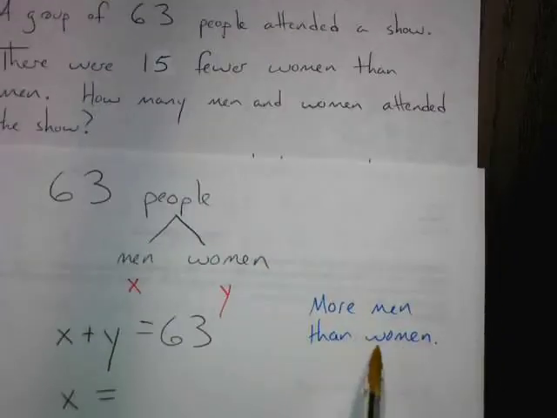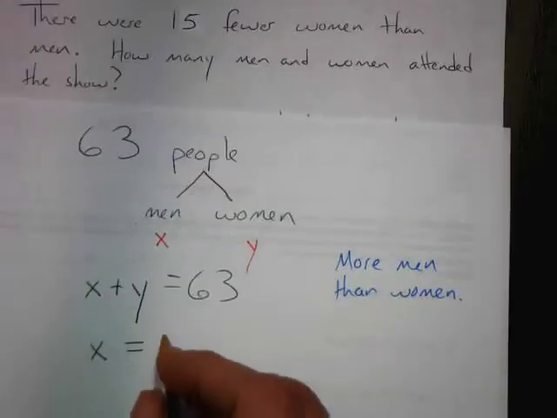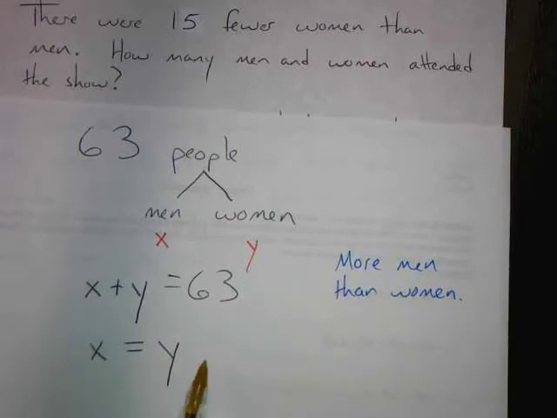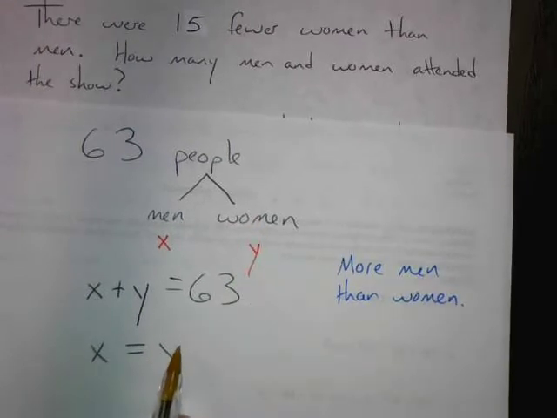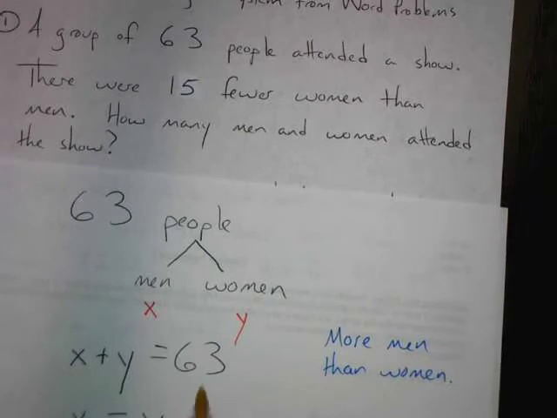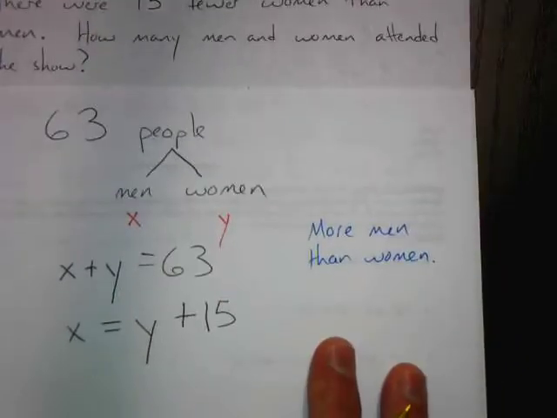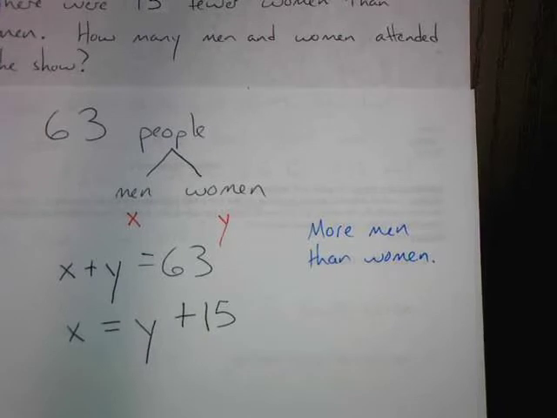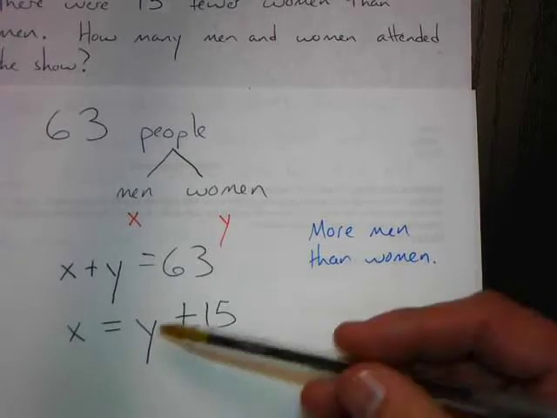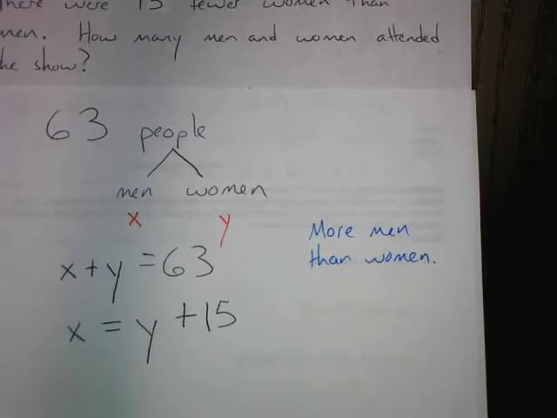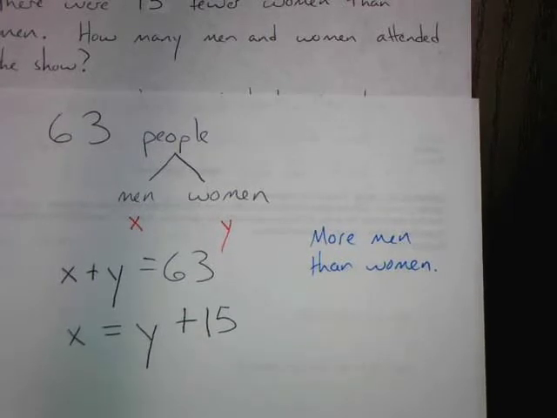And if there are more men than women, if we took the number of women, Y is women, and we added 15 to it, we would have our second equation. So we were able to read and think and create two equations.